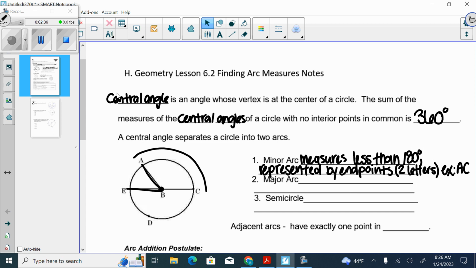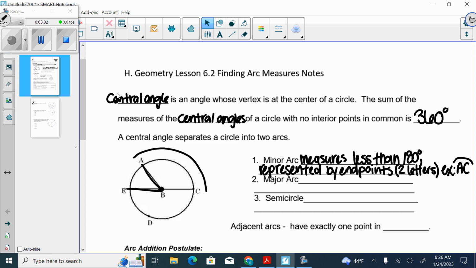But we also put a little symbol above it to show that we're talking about an arc as opposed to a line or a line segment. Our symbol is just a small arc above the 2 letters. All right, so a minor arc measures less than 180.